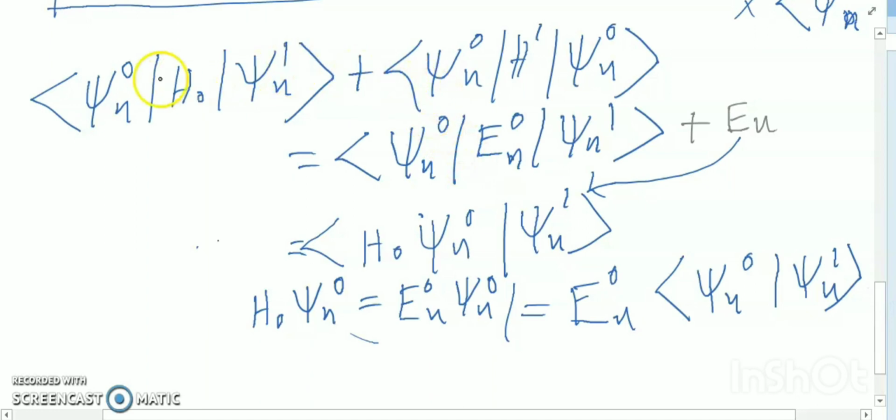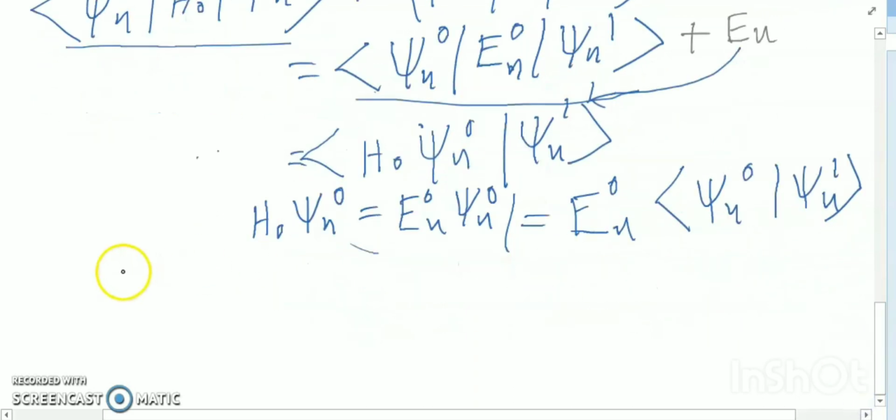So this portion and this portion can be written this way; this is my equation.